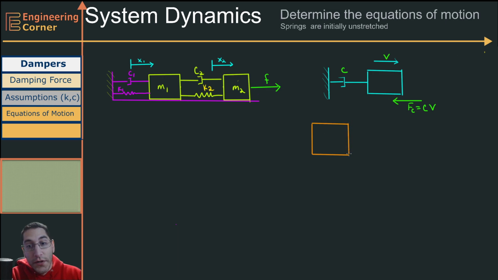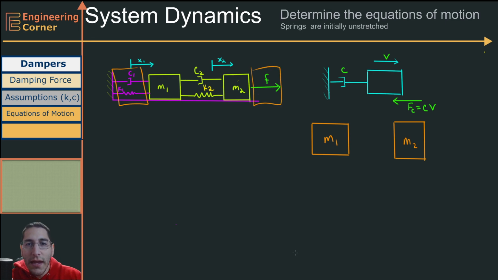The majority of this free body diagram is very easy, since it doesn't change whether mass 1 is moving farther than mass 2 or faster than mass 2. Everything here is going to stay the same. This force right here is going to stay the same. We just need to figure out what's happening in the middle. So let's take care of this force first.